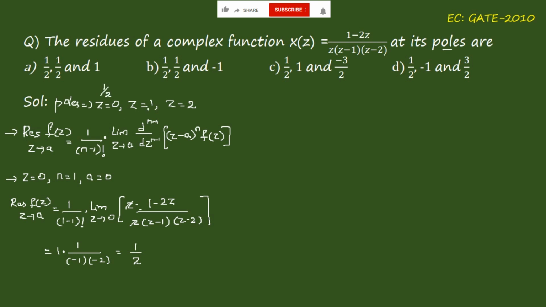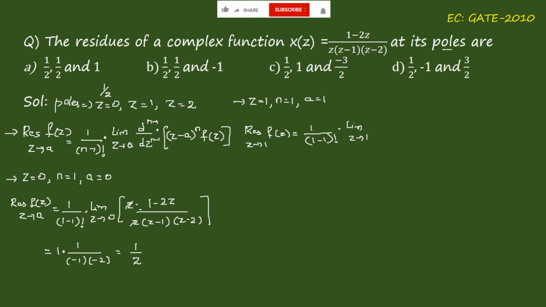Now we substitute for z is equal to 1. For z is equal to 1, the n value is nothing but 1 and the a value is nothing but 1, which is a pole only. So we get residue for z tends to 1, f of z is equal to 1 by 1 minus 1 factorial into limit z tends to 1.